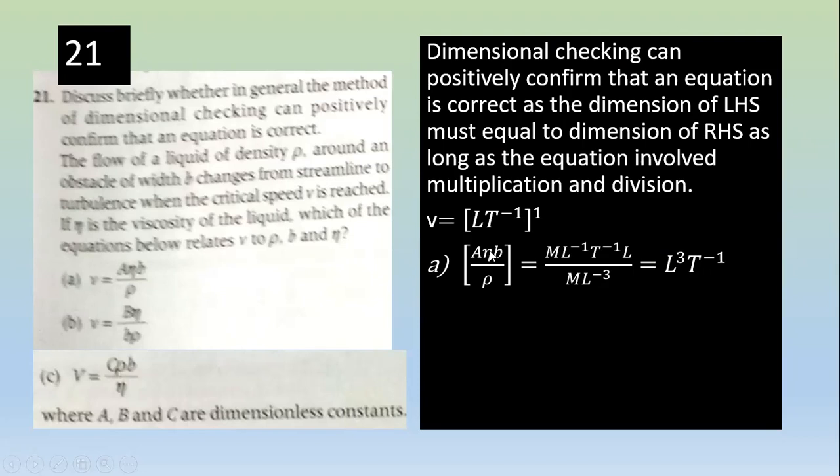And then you call eta. Eta is what? Where did I get eta?